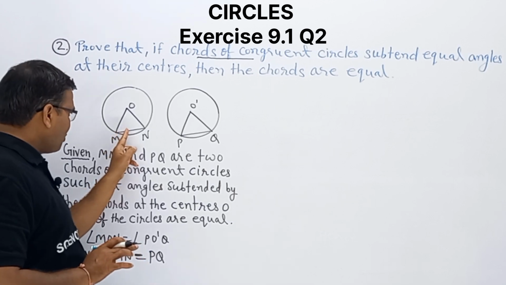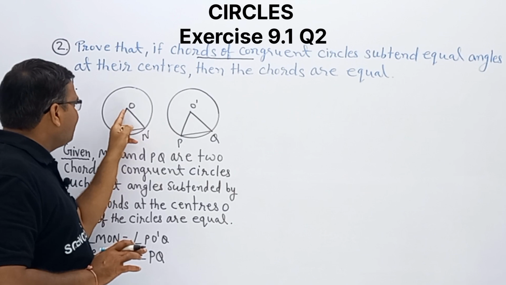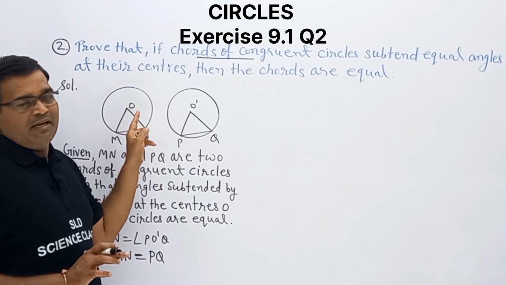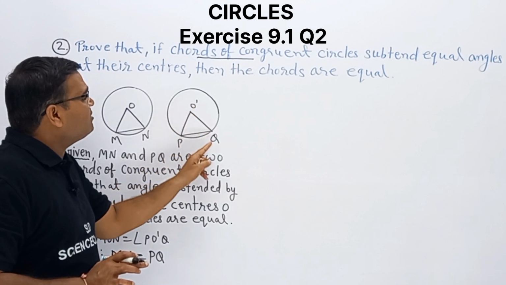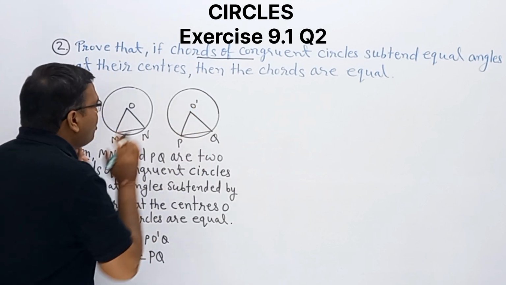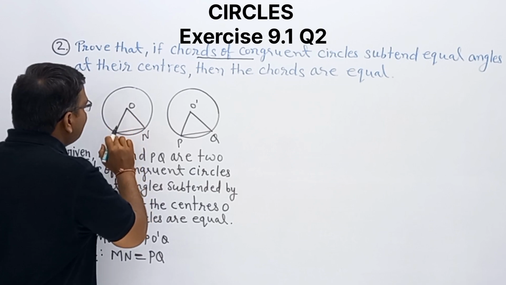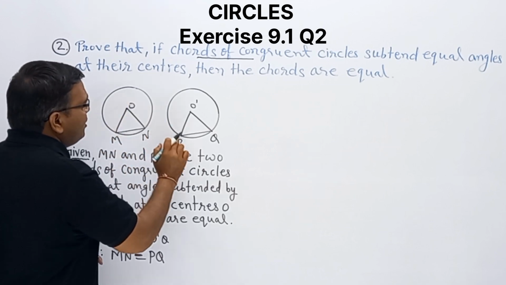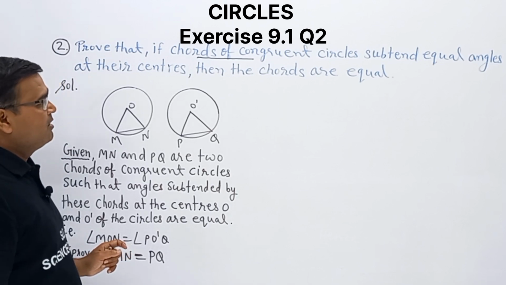From these chords we are getting the angles at the centers, angle MON and angle PO'Q, the subtended angles.